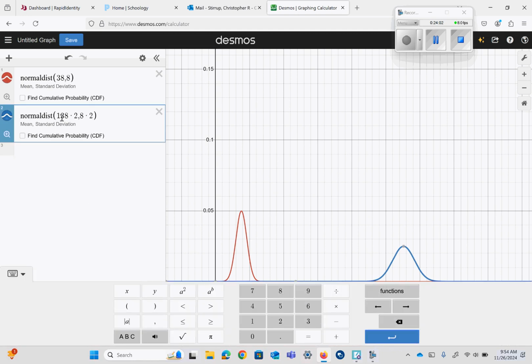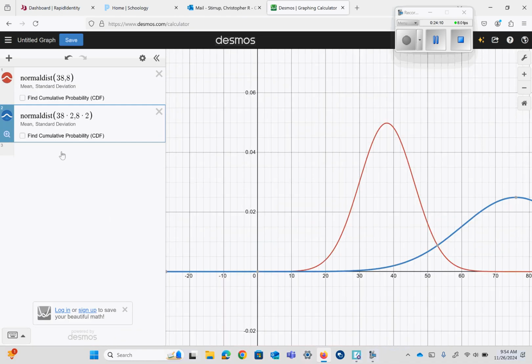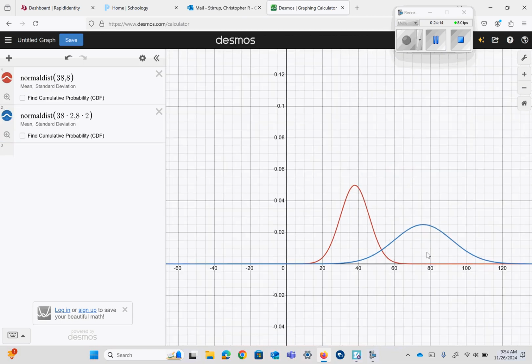I'm glad there's people in here that weren't in Mr. Hashem's class. So the red is original, the blue is the other one. Notice it shifts to the right by a factor of 2, but it also spreads out. It's not as tall. Is it half as tall? I don't know.